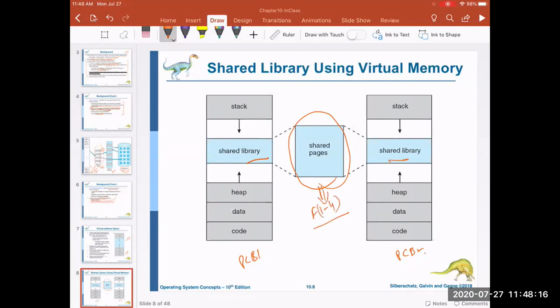So both of these processes keep page numbers differently. Their page numbers could be 10 to 14, but they are mapped into frame numbers 1 to 4 by the memory management unit.